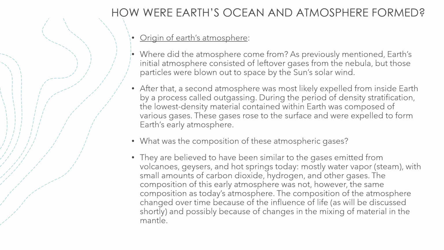We have gases emitting from geysers, volcanoes, and hot springs, and mostly the composition is water vapor, that is steam, with small amounts of carbon dioxide, hydrogen, and other gases. However, the composition of the early atmosphere was not the same as today's atmosphere.